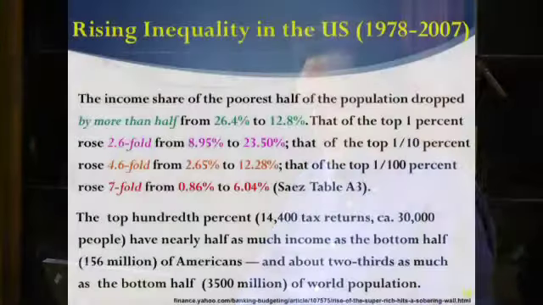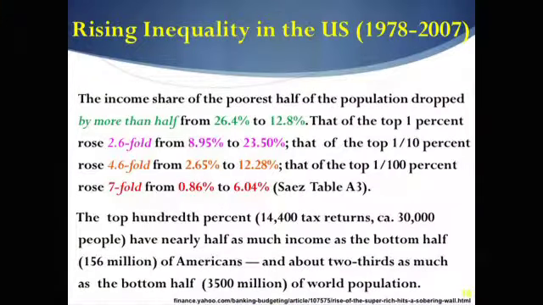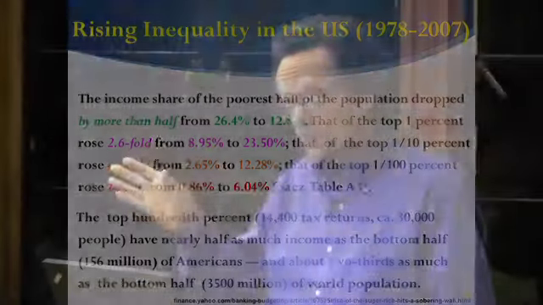This is data from your friends at the IRS. The income share of the poorest half of the US population dropped by more than half over the 78-07 period, a 29-year period. And you can see that the gains were concentrated at the very top. That's an interesting thing. So the Occupy Wall Street crowd with their 1%, they're not far off.